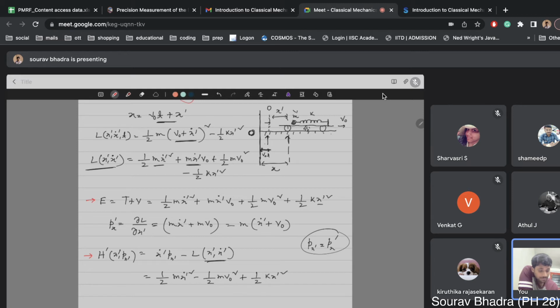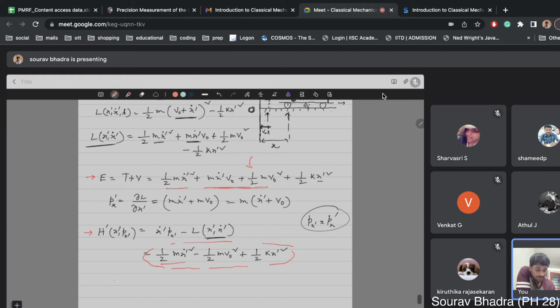Here you can see half m x dot square, but this total expression is not similar to that expression, because there are 4 terms there and 3 terms here, and the half m v0 square was plus, here it is minus. So by no chance is it equal to that total energy. In this case H dash is not equal to E, that means not equal to the total energy of the system.